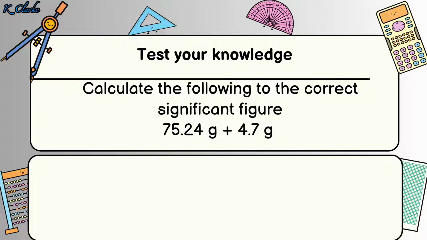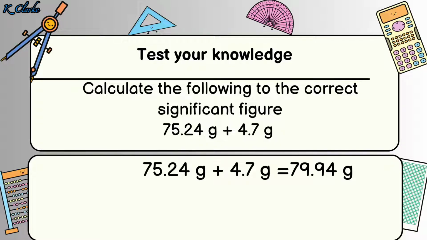Test your knowledge. Calculate the following to the correct significant figure: 75.24 grams plus 4.7 grams. The answer, 79.94 grams.